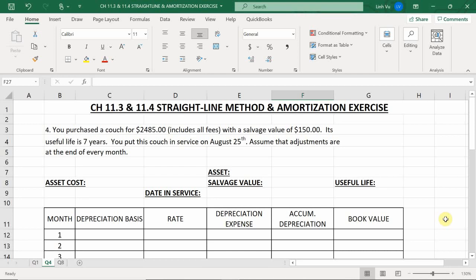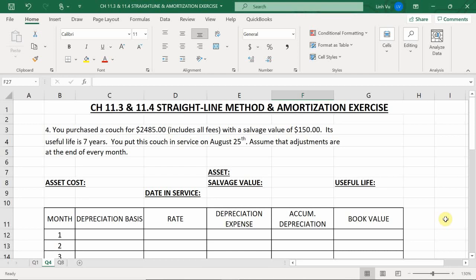Its useful life is 7 years because it's furniture. And of course, you put this into service as of August 25th. Assume that the adjustments are made at the end of every single month.